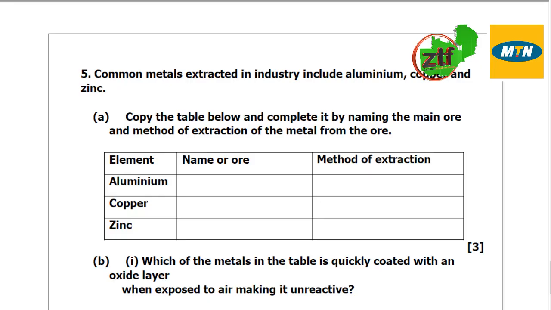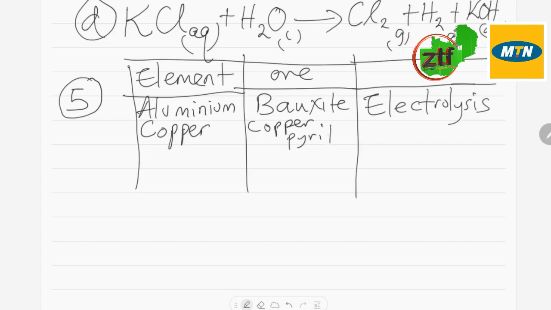The next metal there is copper. The ore that we can use to extract our copper from is known as copper pyrite. Now, here you have to be very careful. On the methods of extraction, it is not correct for a student to just write reduction.